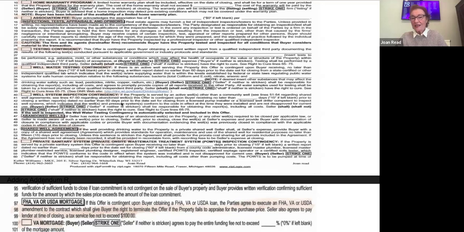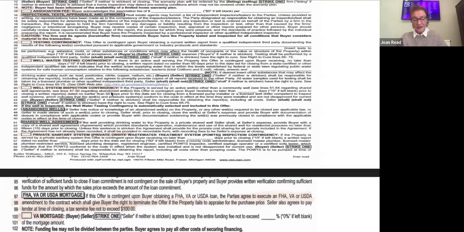So that caution line is important because the next box is, are you going to have a testing contingency or not? And I'm very particular when I review contracts that the actual test or list of tests that they're going to be requesting be identified on lines 26 and 27. And they give you some samples, asbestos, mold.